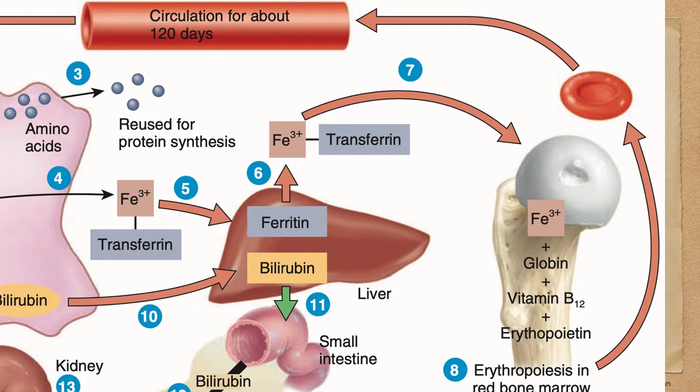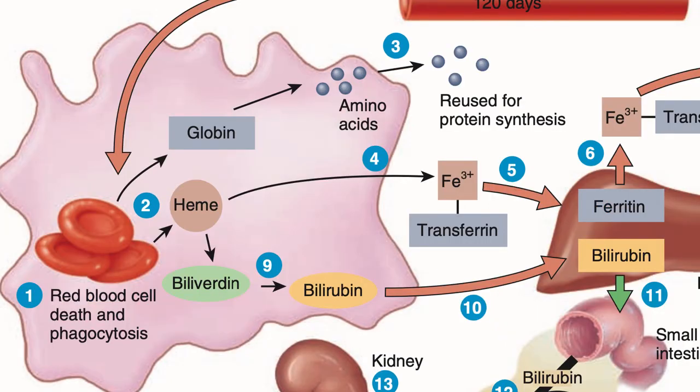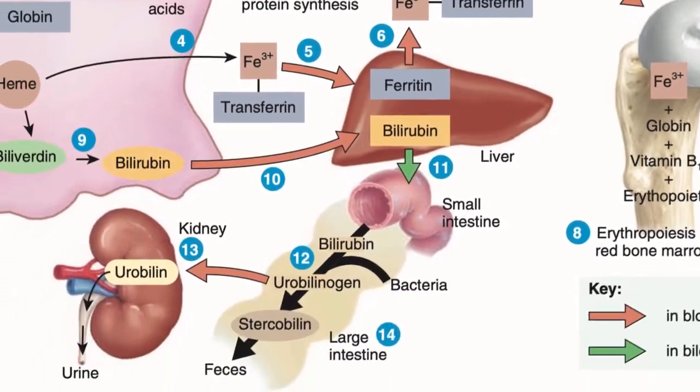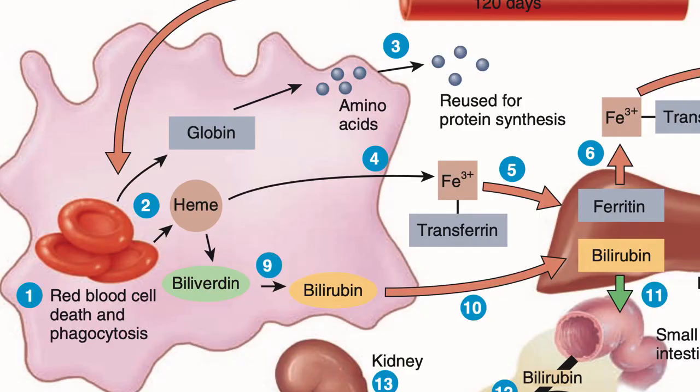Now we're on number 8. We already created a new red blood cell. Then the red blood cell will travel in the circulation for about 120 days. As it travels for 120 days, it's again a cycle. Here it goes to number 1, number 2, and so on.